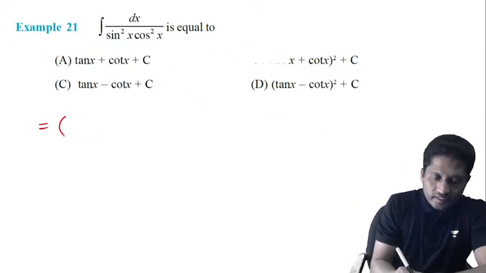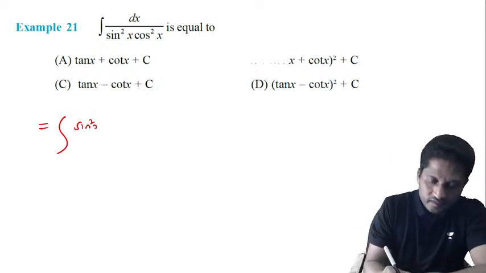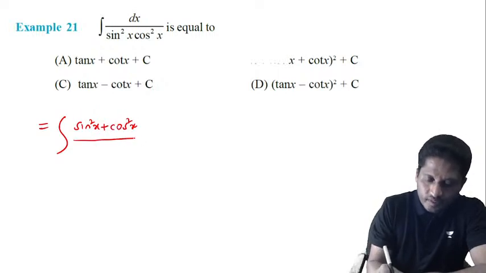I can write this as integration of numerator can be written as sin square x plus cos square x plus sin, because sin square plus cos square is anyways 1, and whole divided by sin square x cos square x.